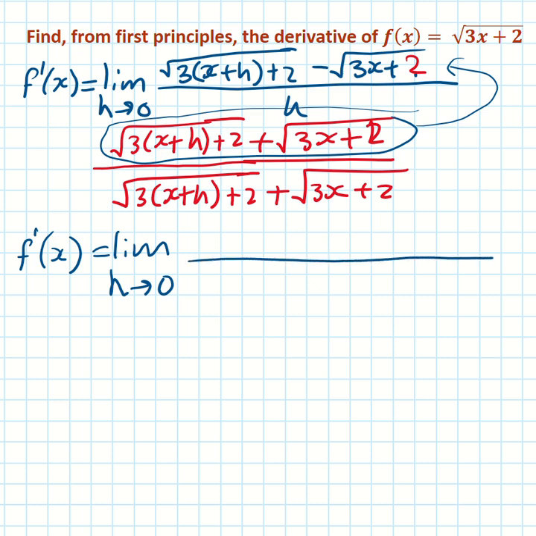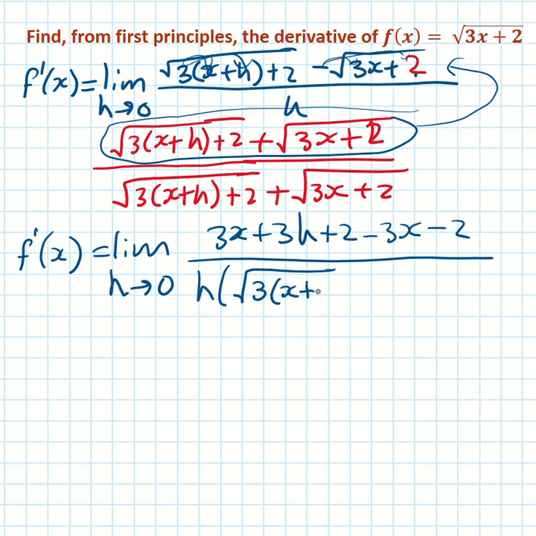So what we're left with in the numerator is 3x plus 3h, multiplying the 3 with the x and the h, plus 2, and then we're left with minus 3x minus 2, over h times the square root of 3(x plus h) plus 2, plus the square root of 3x plus 2.